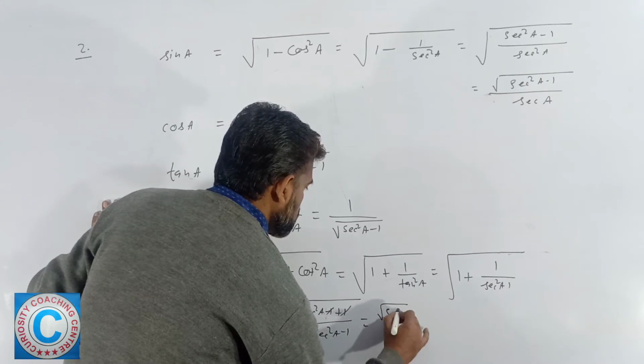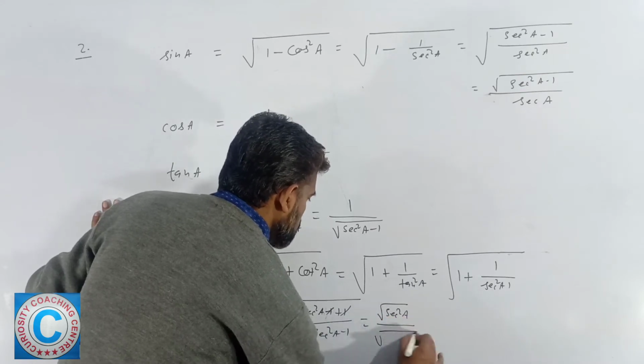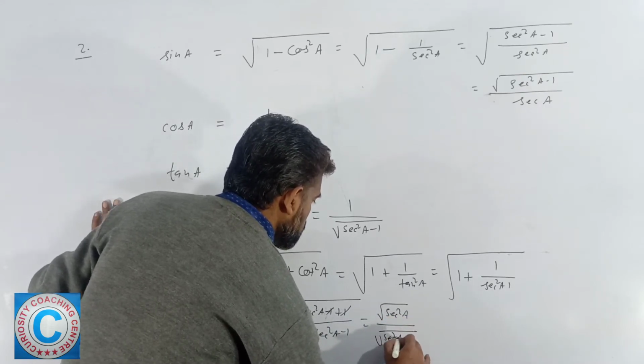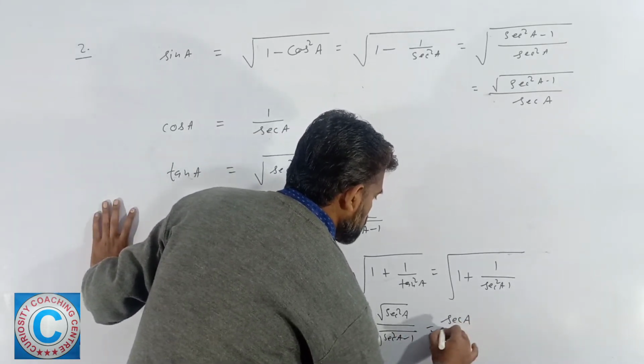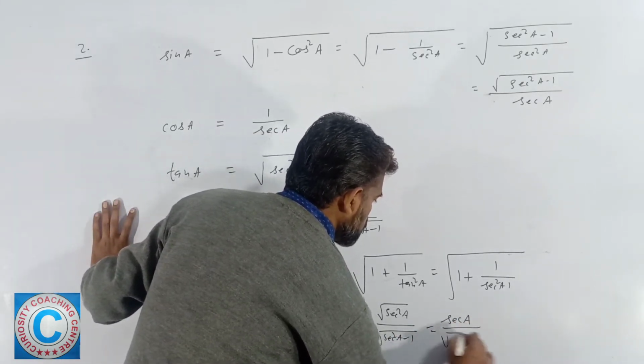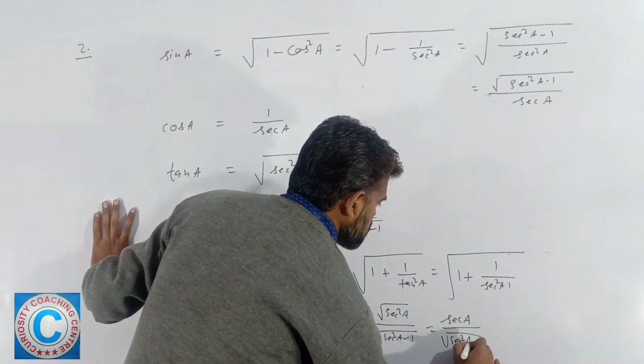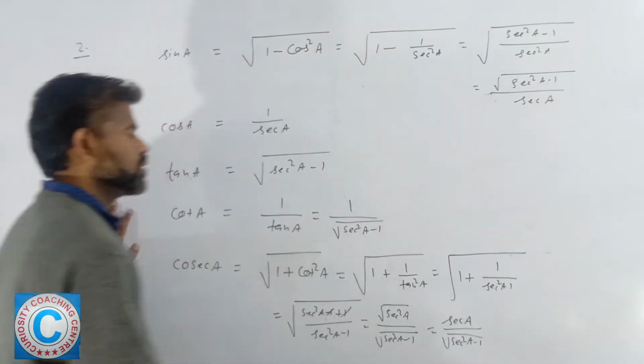Square root of sec square A by square root of sec square A minus 1. This is equal to sec A by square root of sec square A minus 1. That's it.